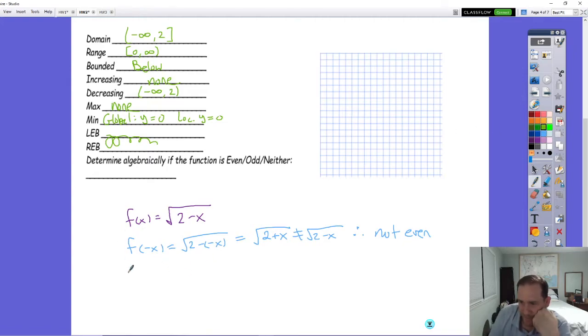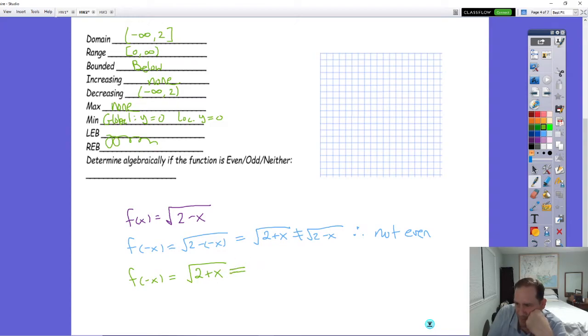And if we do the same thing to try to prove whether or not we're odd, then we get to where? The 2 plus x thing all over again. You just can't even force this. It's just clearly not what we want. I don't even know how you'd get a negative in front of it.